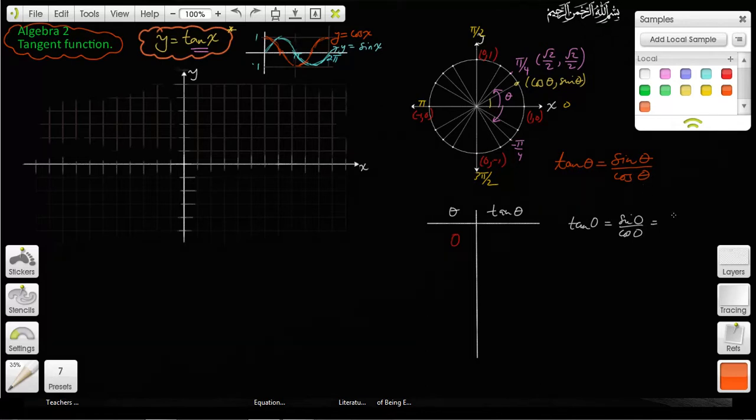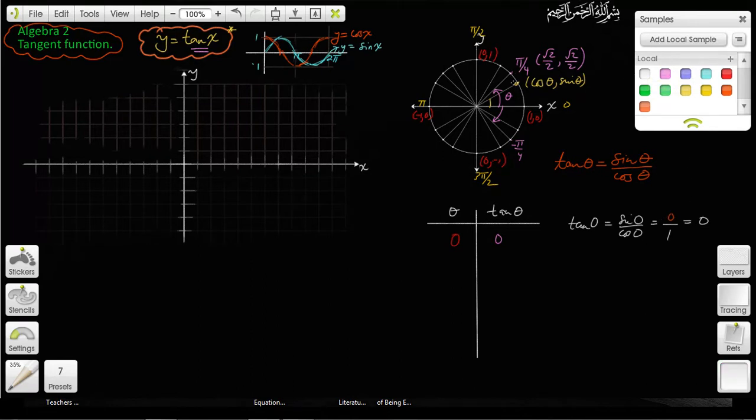So sine of 0 is 0, and cosine of 0 is 1. So that is 0. Tangent of 0 radians is going to be 0. So we got our first point there.